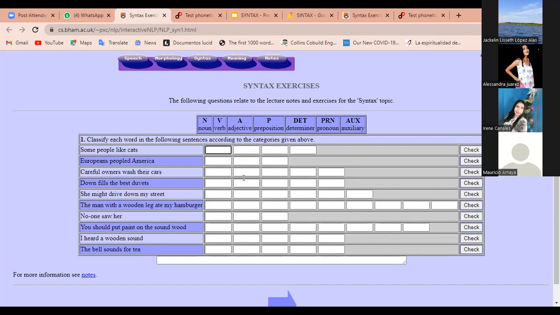So what you have to do is, if you think a word is a verb, you have to write the letter V. If you are sure that a word is an adjective, you have to write letter A in order to complete all those sentences. Is it clear now?